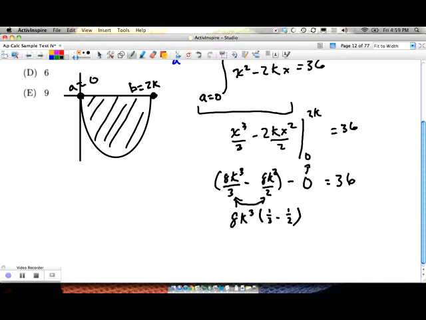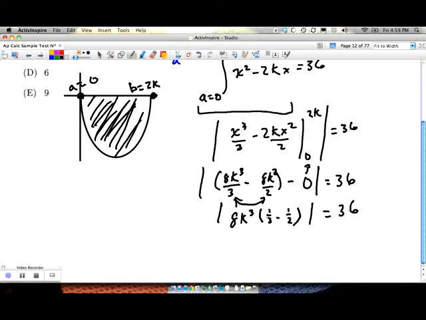Now, I would get a negative value, I know that, but I'm going to take the absolute value of it, because we're talking about this area. I know it's going to be negative 36, but it's really asking me for just the area, not the actual value, meaning non-negative.